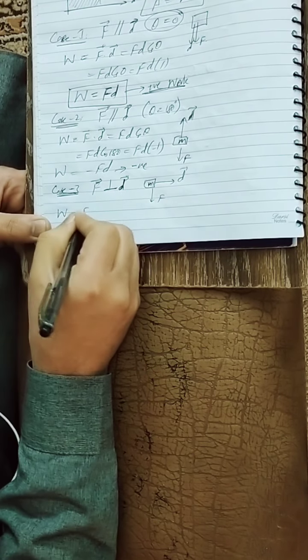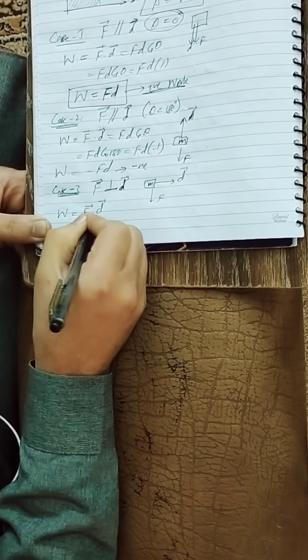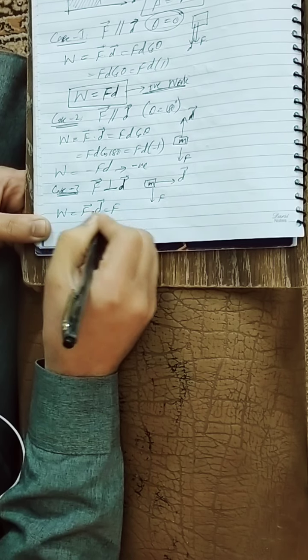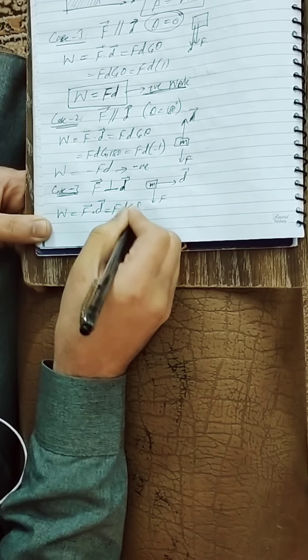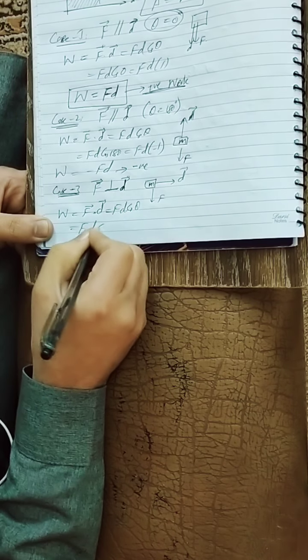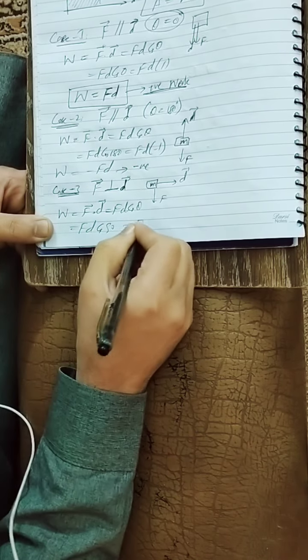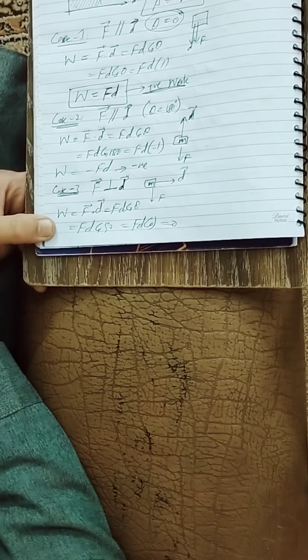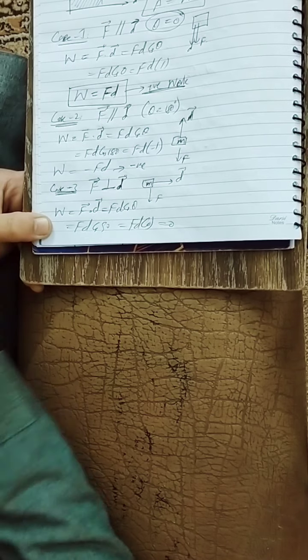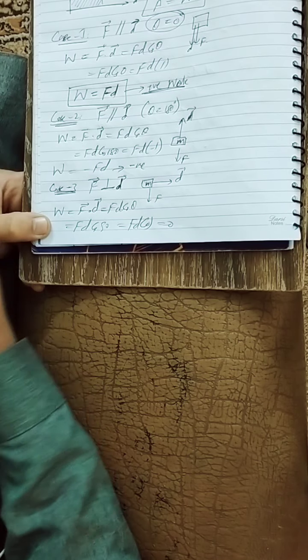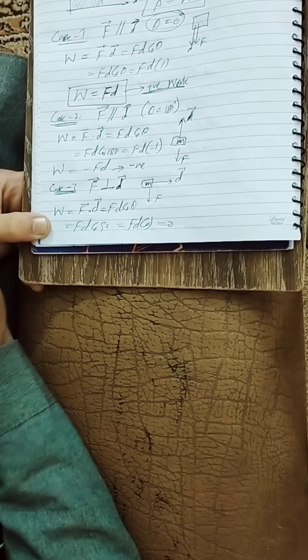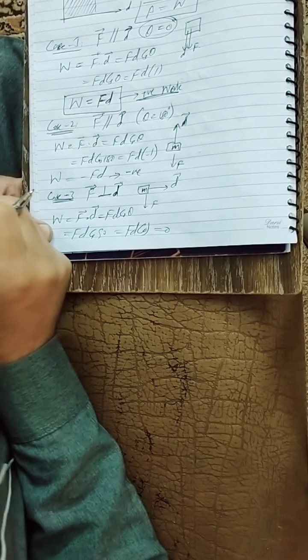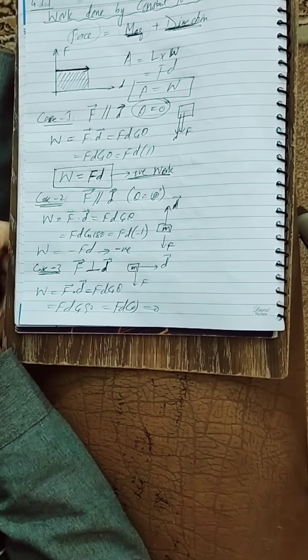So work done is equal to F dot D, and F dot D is equal to FD cos theta. Theta here is 90 degree, and cos 90 is 0, so there will be no work done. So this is all about when the force has some magnitude and some specific constant direction. So this is the work done by constant force.